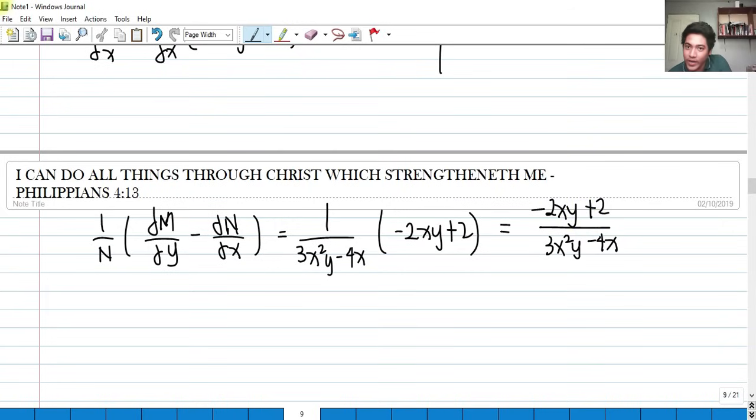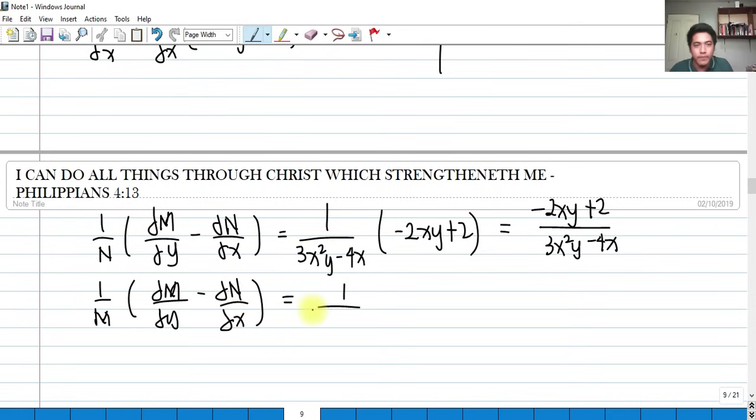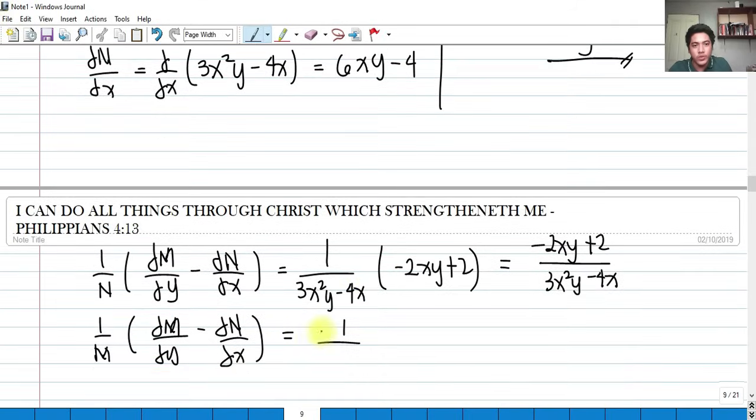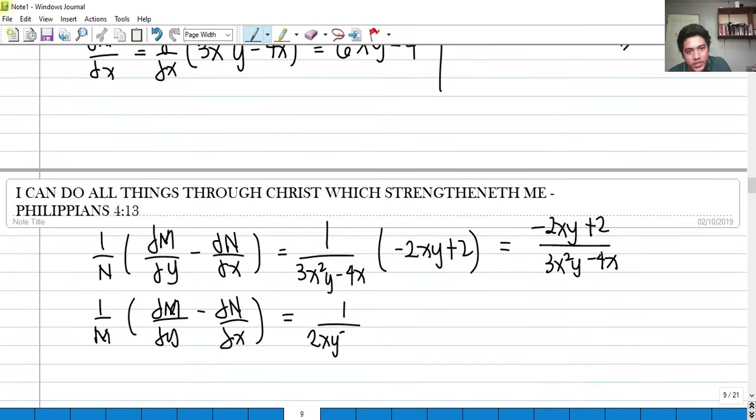We cannot use this because we cannot express this simply in terms of a single variable and a constant. But if we use 1 over m times the partial of m with respect to y minus partial of n with respect to x, as you can see, m is 2xy squared minus 2y, so 1 over 2xy squared minus 2y multiplied by negative 2xy plus 2.